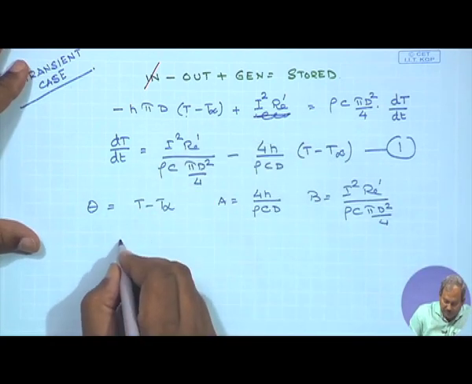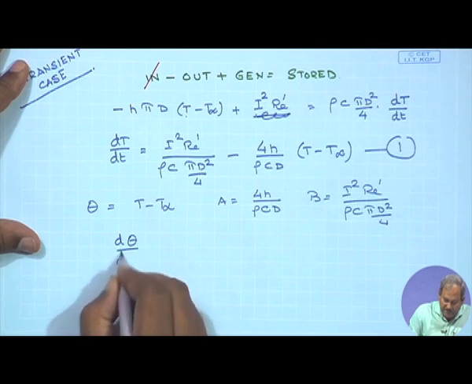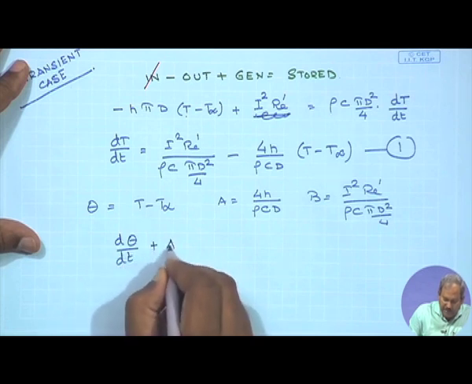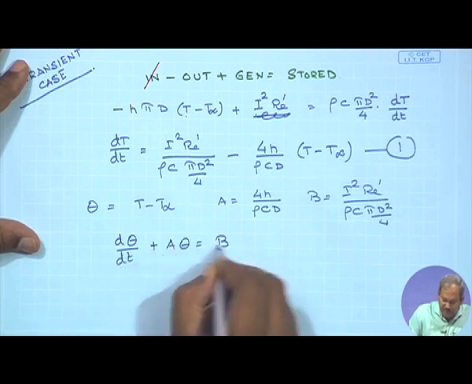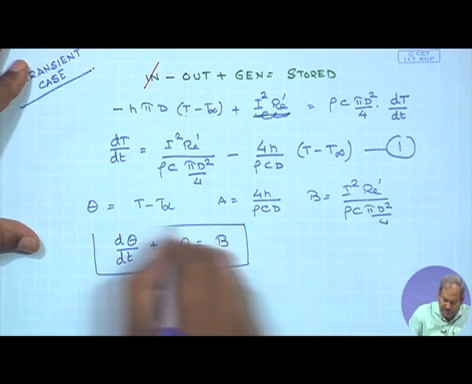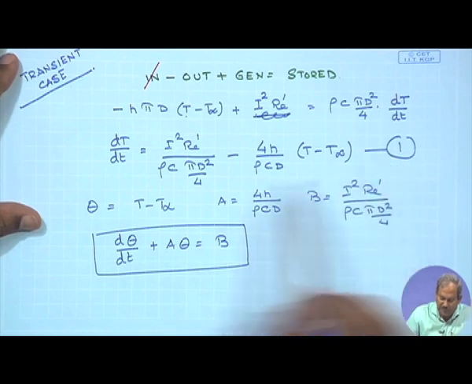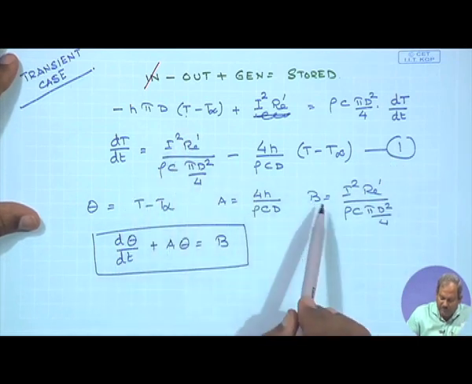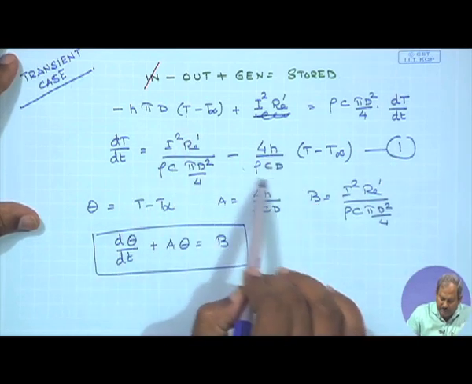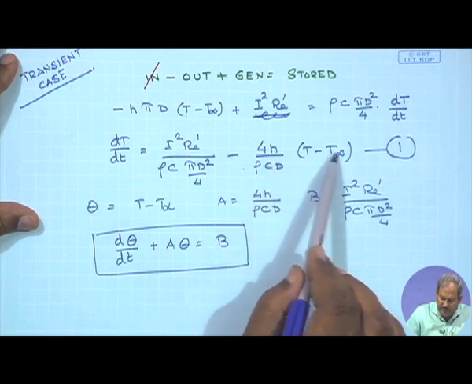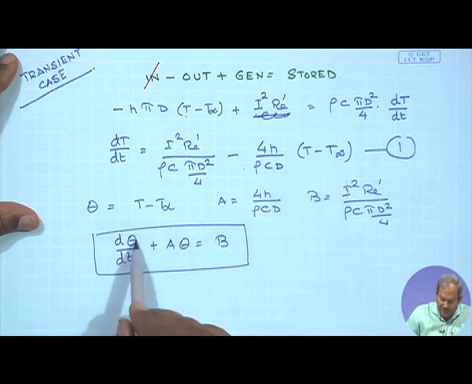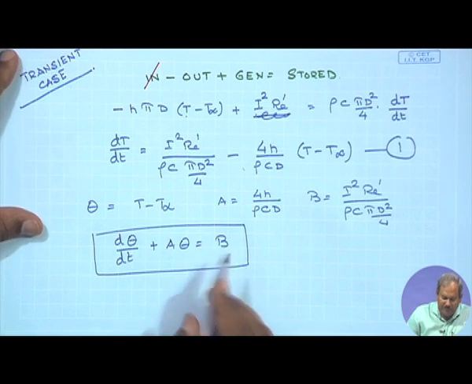It would simply be d theta by dt plus a theta is equal to b. So, this is the compact form of the governing equation, where this is b and this is a, and T minus T infinity is theta. So, it is d theta dt plus a theta equals b.